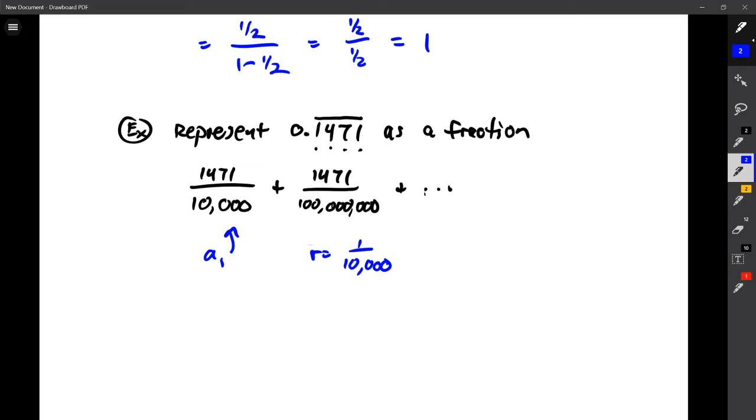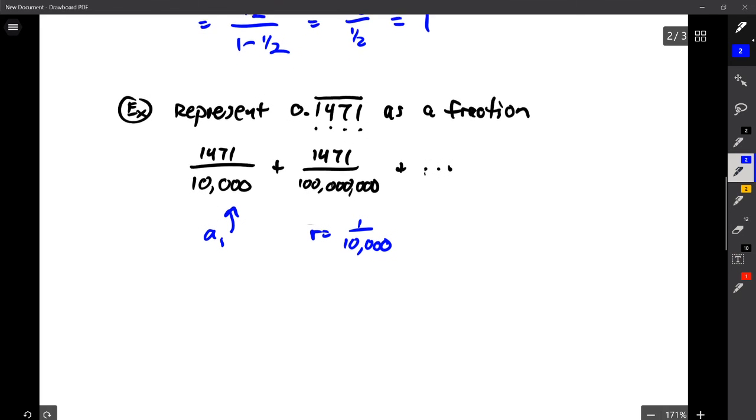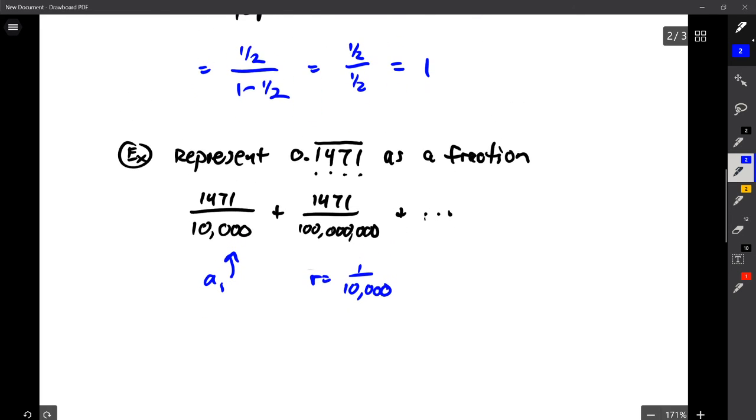If we were repeating every 3 digits, it would be 1 over 1,000. Every 2 digits, 1 over 100. Every 1 digit, 1 over 10. That gives us the information that we need.